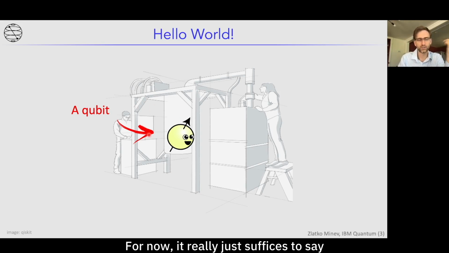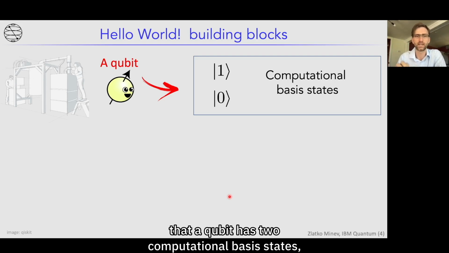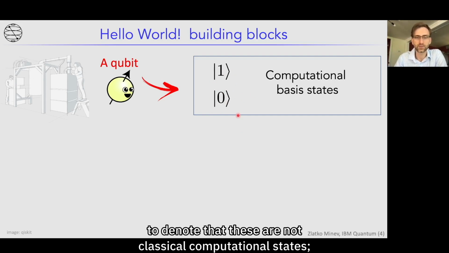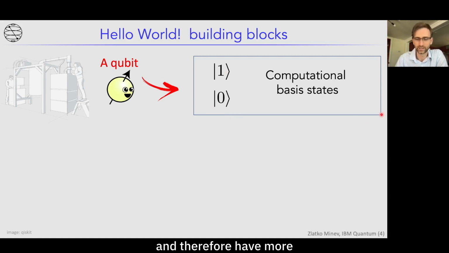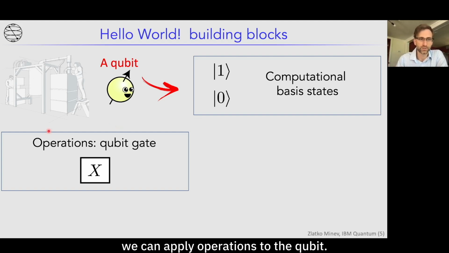For now, it really just suffices to say that a qubit has two computational basis states, conventionally labeled as 0 and 1, placed inside the little ket symbol to denote that these are not classical computational states, they are quantum and therefore have more information content capability than classical states in some sense. To manipulate this quantum information in the qubit, we can apply operations to the qubit.